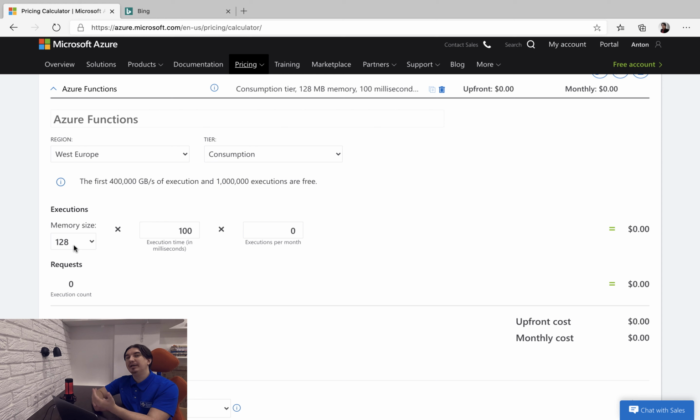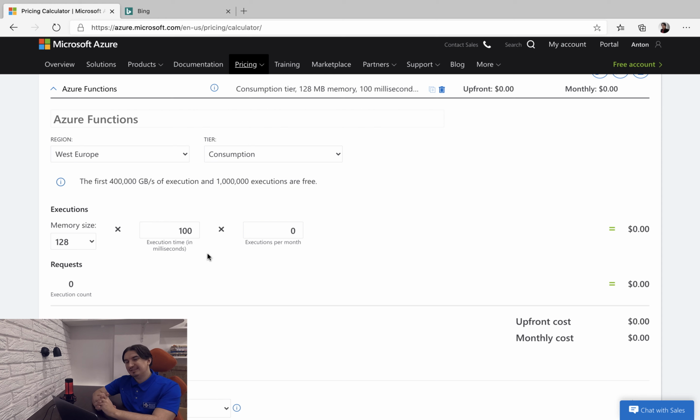The minimal billable amount of memory is 128 megabytes, so we are under that limit, which is fine. Next, we agreed that the response time is on average 20-25 milliseconds. Again, the minimal billable response time is 100 milliseconds, so we're again under the limit, which is fine.